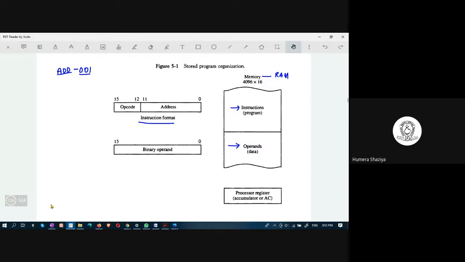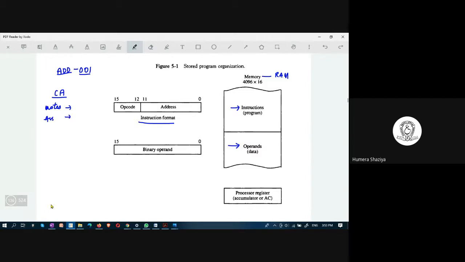And what do you mean by address? Consider your computer architecture notebook. I told you to write class notes at one end and assignments at the other end.